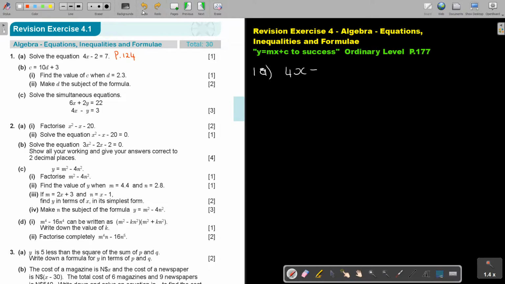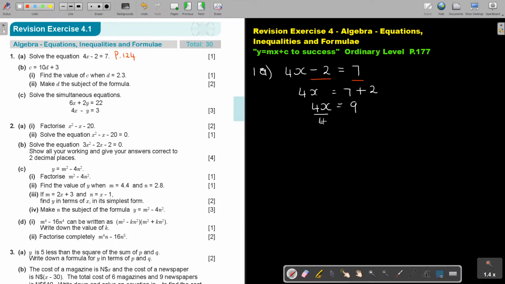Okay, let's just get that to 2 equals 7. Now, the like terms must be on the same side. So I leave the 4x, and if I take it over, it's 7. And if this one goes over, to cancel that side, it's plus 2, plus 2. And then I have 4x, and that will be equal to 9.